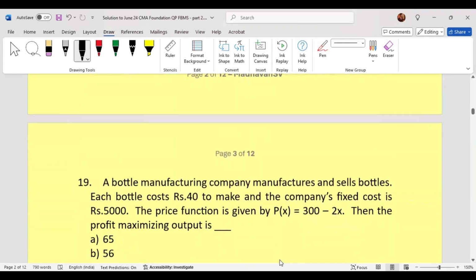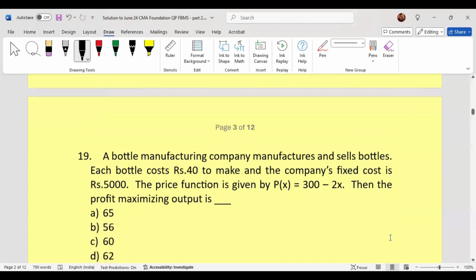Next question. A bottle manufacturing company manufactures and sells bottles. Each bottle costs rupees 40 to make, and the company's fixed cost is rupees 5,000. The price function is given by p of x equal to 300 minus 2x, then the profit maximizing output is what?